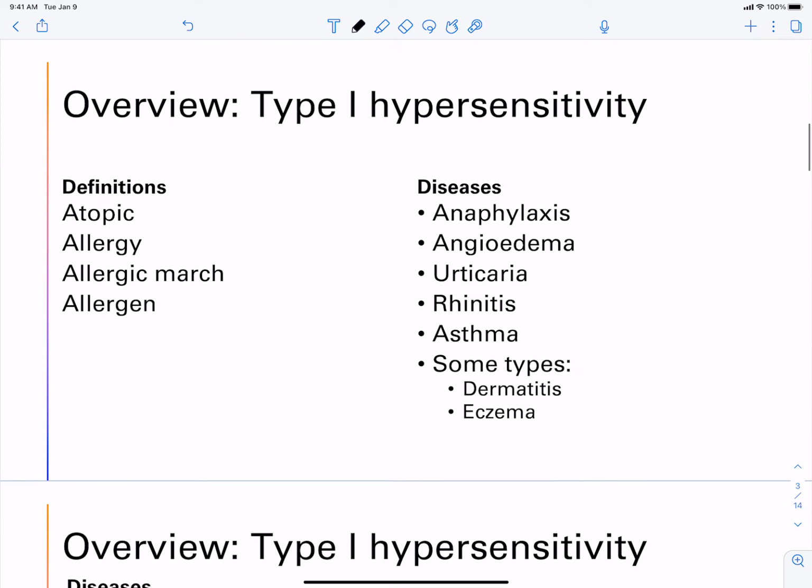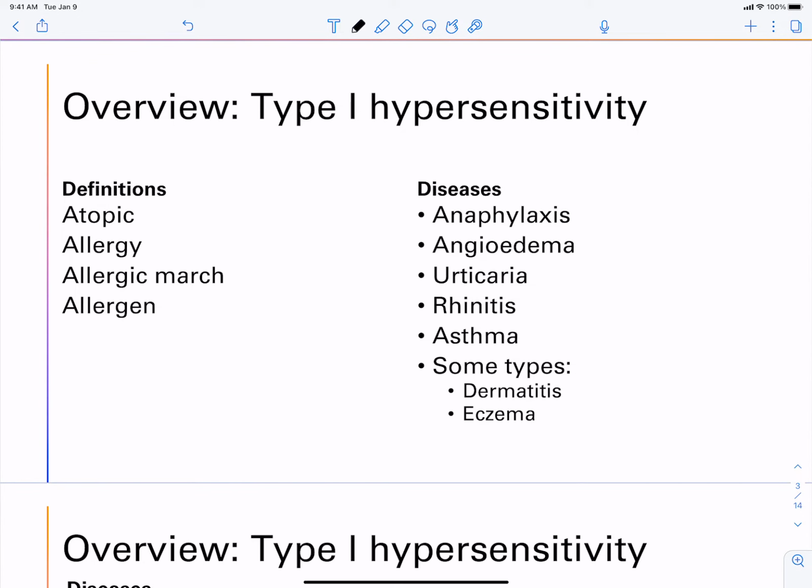Okay, so we're just going to talk about some definitions in general. Atopic is a term that was used as hypersensitivities tended to run in families, and so it was a term that was used to describe predisposition to allergy.